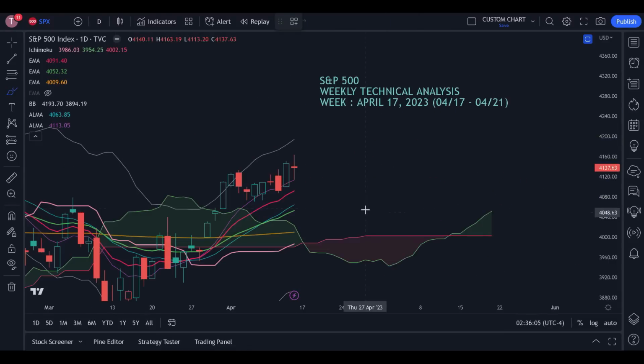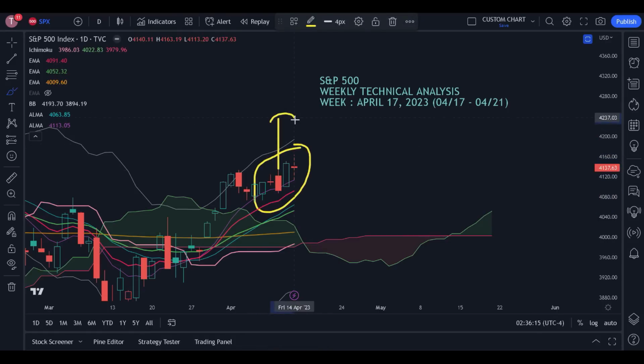That's it. Guys, just a little recap of what happened in the previous week and how the entire stock market and the S&P 500 have moved, and based on that, what we can anticipate in the next week.